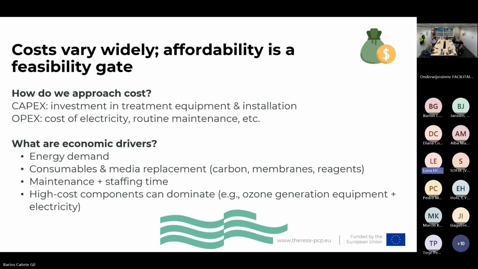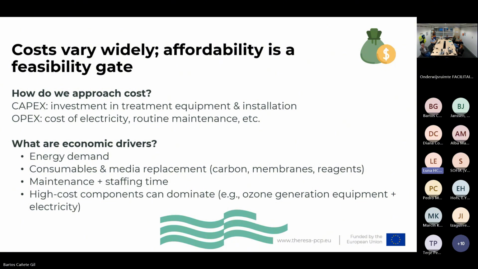Finally, we have the economic affordability, something that Isabella also highlighted. So costs vary widely, we are aware of that, but affordability is one of the feasibility gates for this project. How do we approach it? We have the CAPEX, which is the upfront investment in treatment equipment and installation, and the OPEX, which is the costs that come with electricity, routine maintenance, and so on. What are some of the economic drivers that are mainly present in literature?